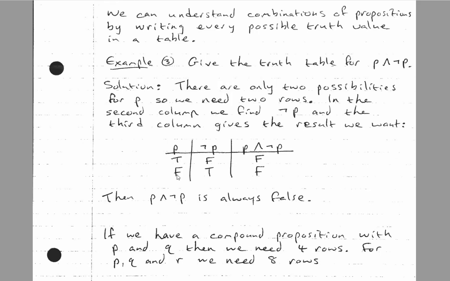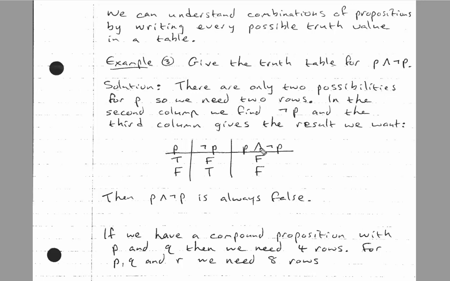The second row, P is false. Okay, we're working out this whole thing, but we can do it in stages. So first we'll write down P's truth value. And then we can write down the truth value of this piece. So not P, that just switches.